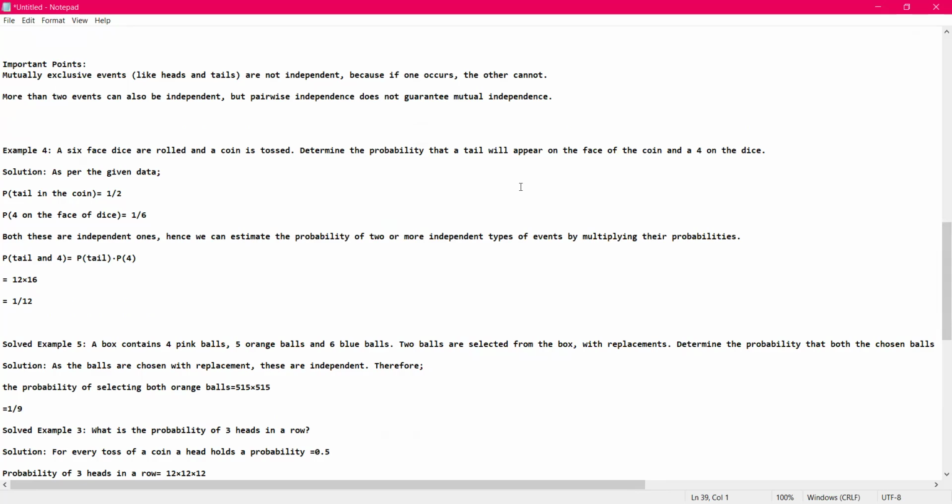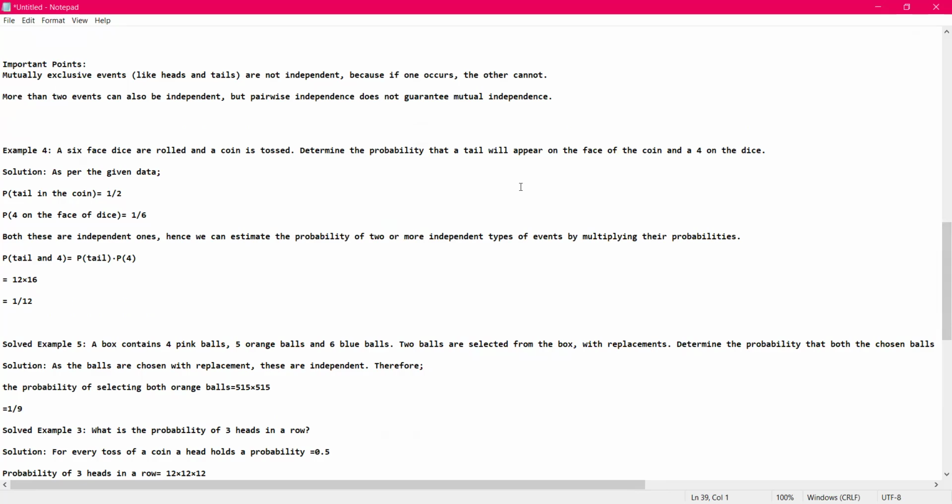Next, the probability of getting 4 on the face of a dice. It is 1 by 6, because there are 6 faces and 6 numbers. For every number we have probability 1 by 6. So the probability of getting 4 on the face of the dice is 1 by 6. And these two events are independent. We can estimate the probability of two or more independent events by multiplying their probabilities.